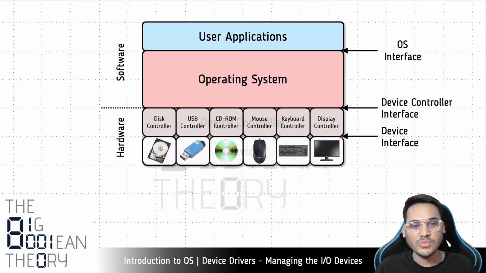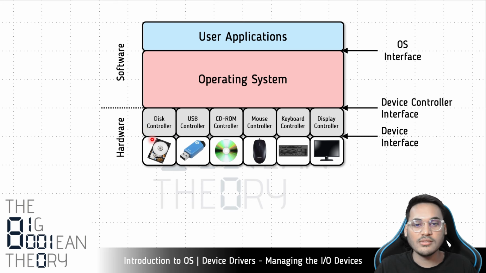So now let us take a hypothetical computer system which has these IO devices. As you can see, here I have taken 6 IO devices. The first one is the hard disk. Then we have a USB stick. This is the CD, followed by mouse, keyboard, and display. For every IO device, there is an associated device controller. So there is the disk controller, USB controller, and so on.